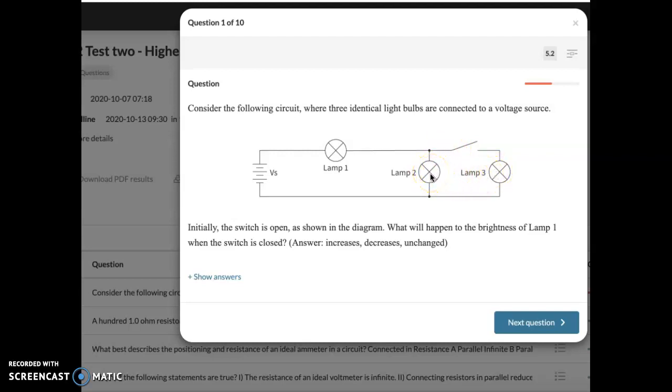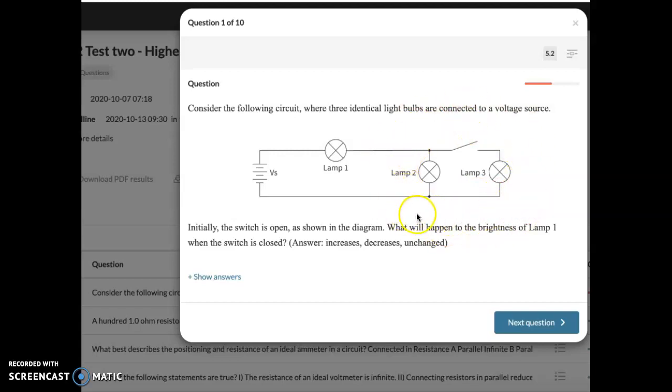And it's important to remember that bulbs in parallel, or resistors in parallel, reduce the overall resistance. So, by closing this, you end up reducing the resistance across here, which means that the voltage across this part of the circuit is reduced as well.